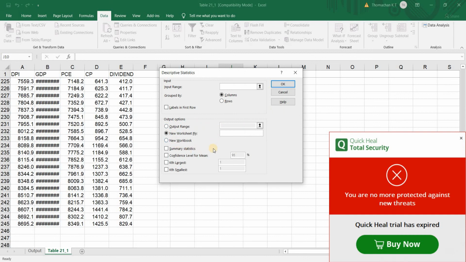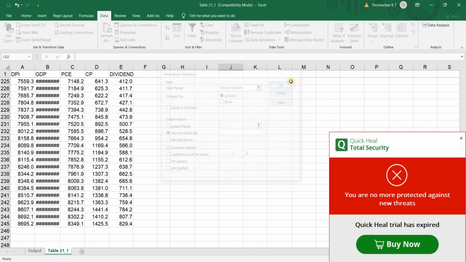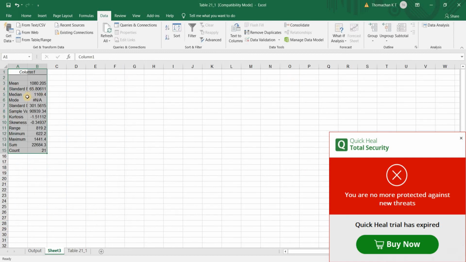It will give you many options for summary statistics. Input range. I select an input range. I give OK. That will give you mean, standard deviation, median, mode, kurtosis, skewness, range, minimum, maximum, sum, count, etc. So many options are available in this.